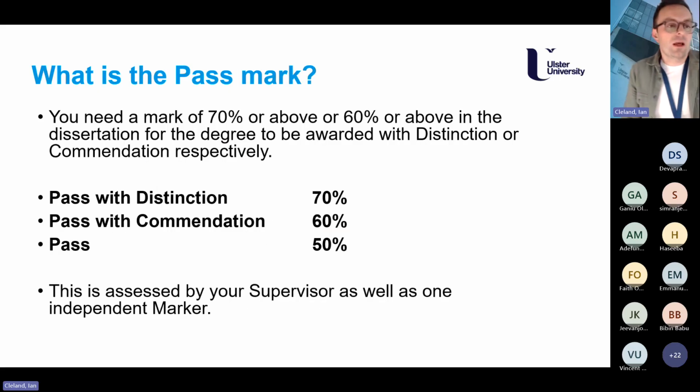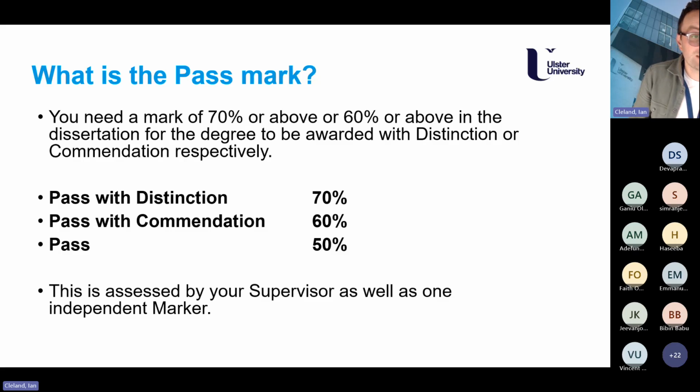Okay, so the last parts then are around the mark. The pass mark for the project is the same as any other of the modules, so 50% is what you're looking for a pass, 60% for commendation, 70% for distinction. And I want to highlight that at the moment, you need a mark of 70 or above, or 60 or above, on the dissertation to be awarded the distinction or commendation.